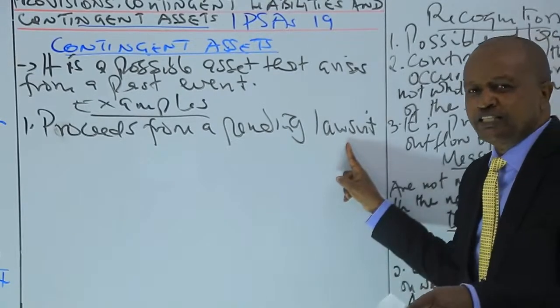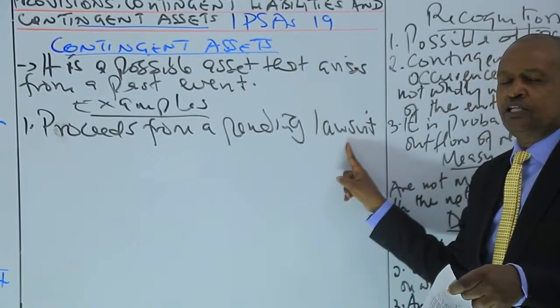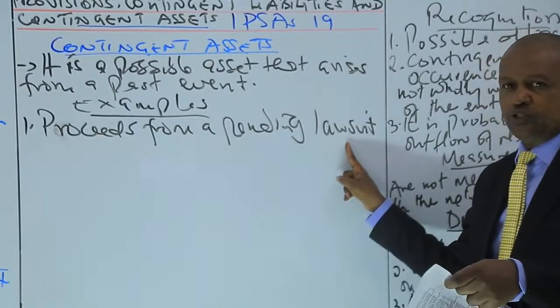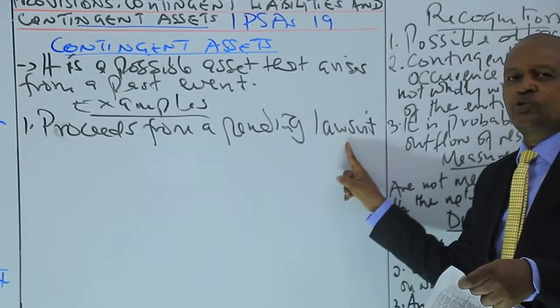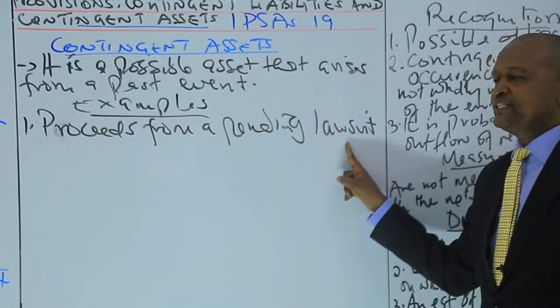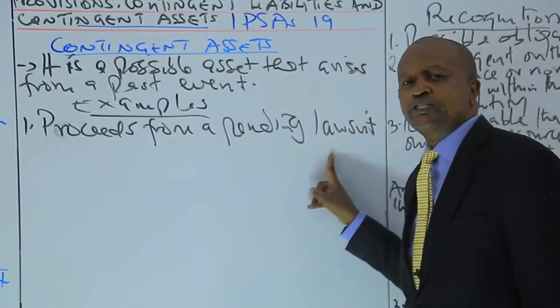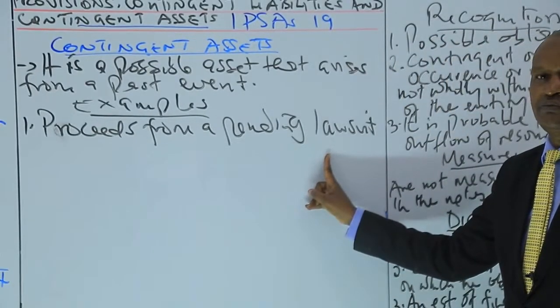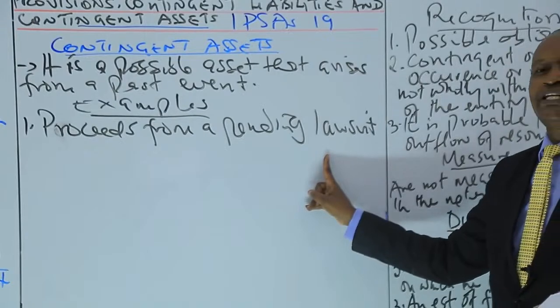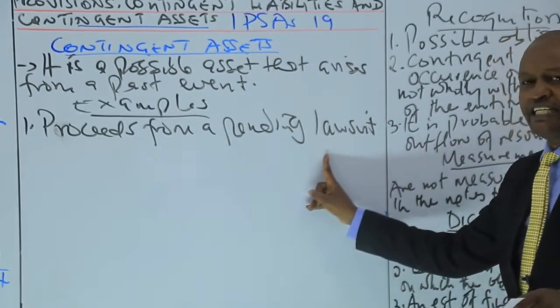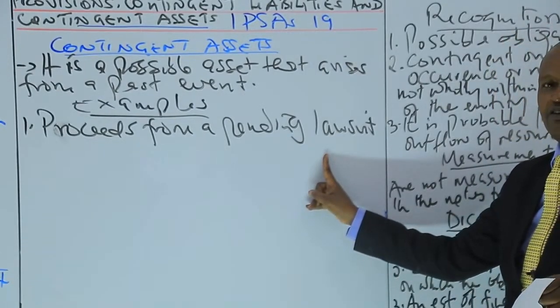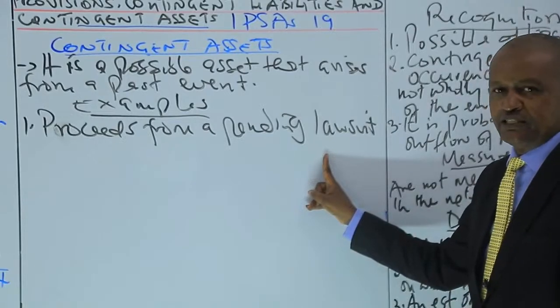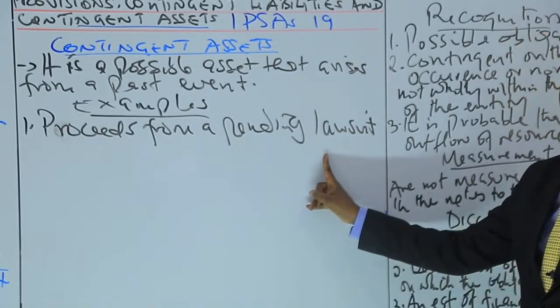If the company wins the lawsuit against the competitor, it could be awarded a significant financial settlement. And therefore, in such a case, the company has a contingent asset for the potential proceeds from the lawsuit.